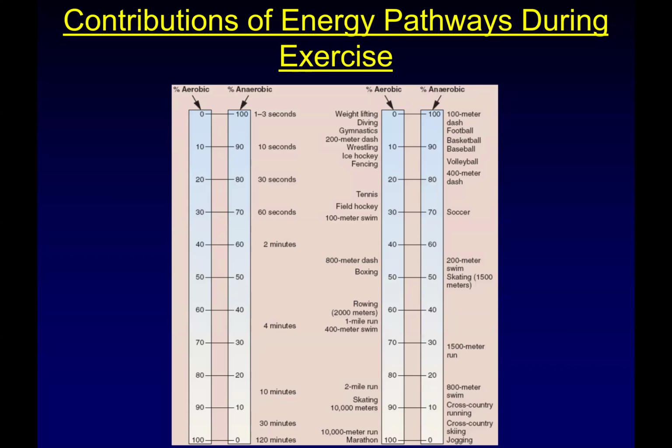And then here on this list, this has time, and then it has individual sorts of sporting events and things that you might want to think about as we look back there. 1 to 3 or 5 seconds, it's basically entirely anaerobic because it takes us a few seconds to start pushing glucose and pyruvate in and ramp that up.